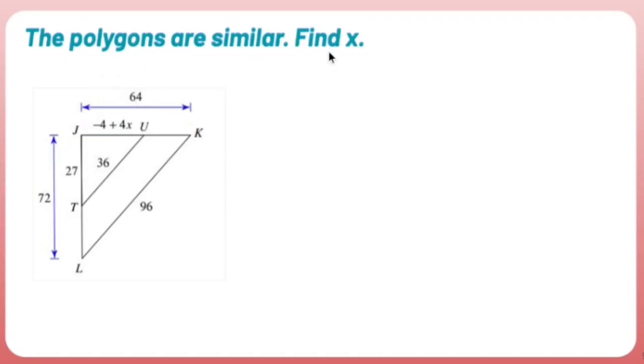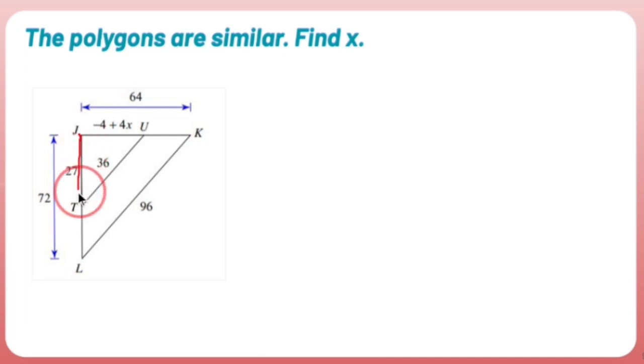The polygons are similar, find x. Now, this is what we have here, and it's not as obvious as what we have in previous problems. We're so used to seeing something that looks like this and something that looks like this, and then you match things up, crisscross applesauce. That's not what we have here, except it kind of is.